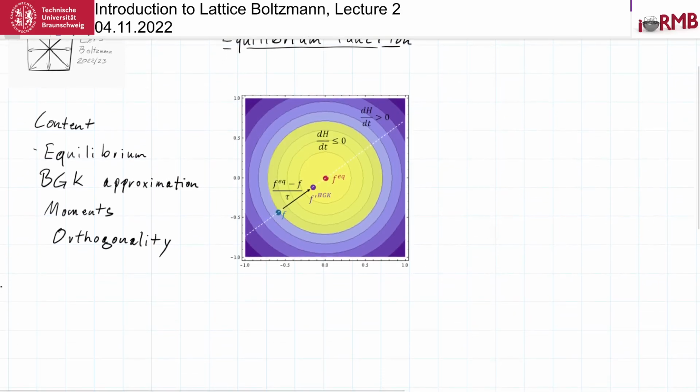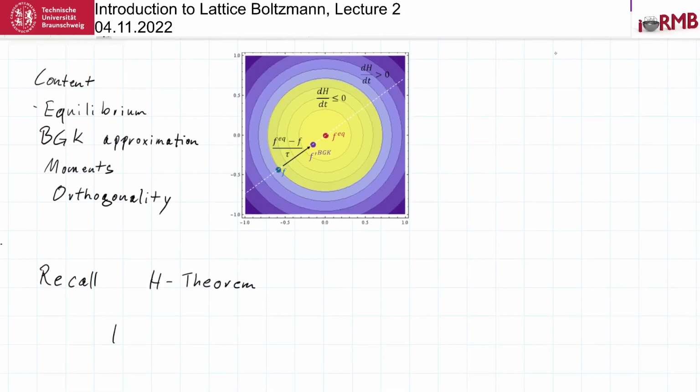Okay, let's recall last lecture's eta theorem, where we had eta being equal to the integral over f, the distribution function, times the logarithm of the distribution function, dx and dc.